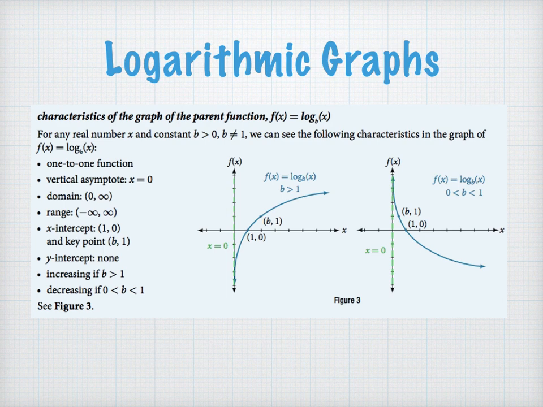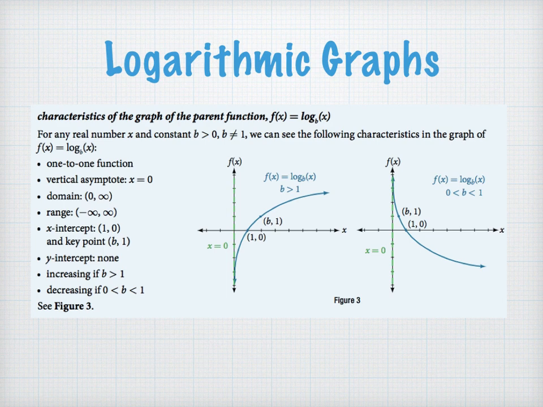We have a vertical asymptote of x equals 0, domain of 0 to infinity, a range of negative infinity to positive infinity. We have an x-intercept at (1, 0). There is a key point at (b, 1). There's no y-intercept. It's increasing if b is greater than 1, and it's decreasing if b is between 0 and 1.